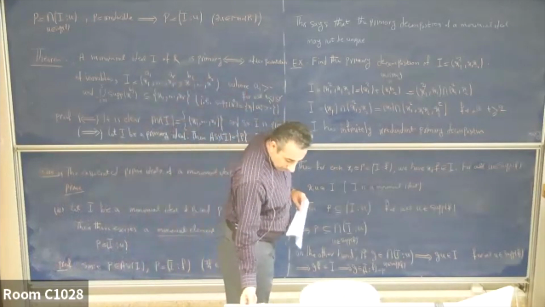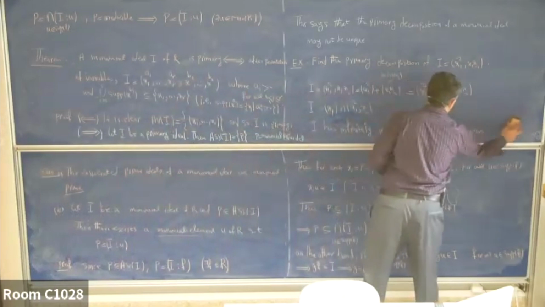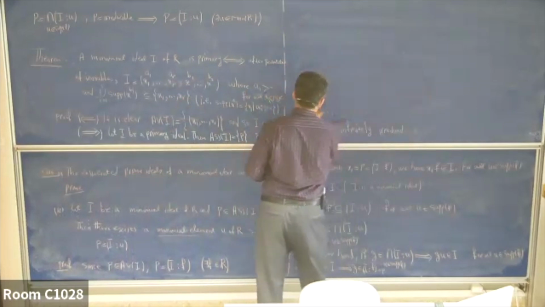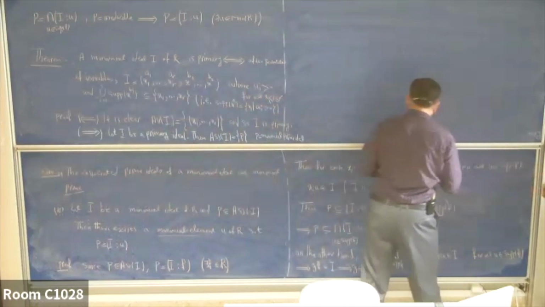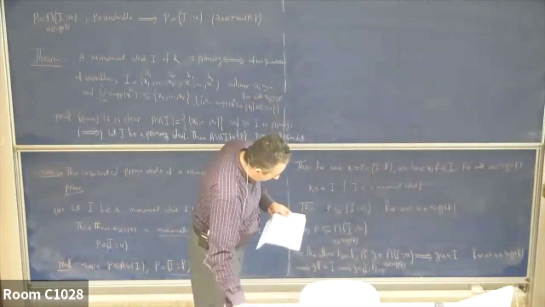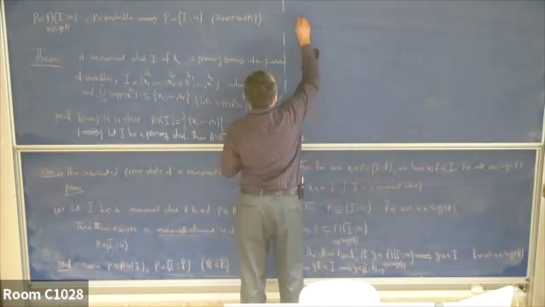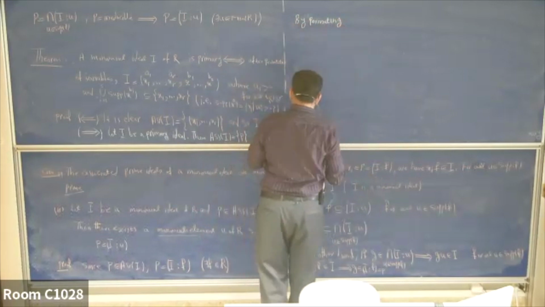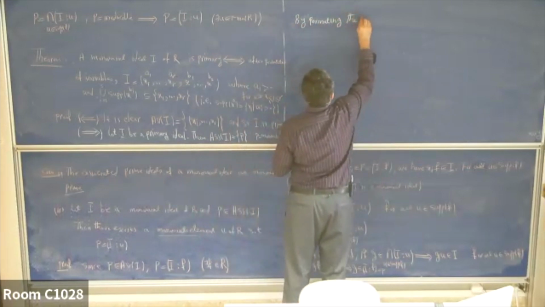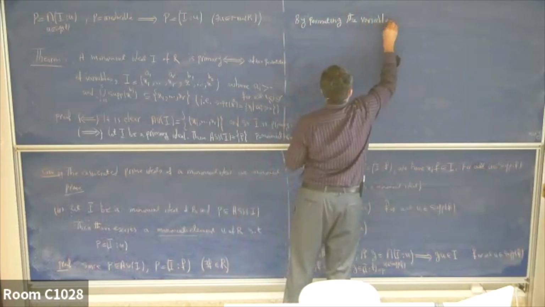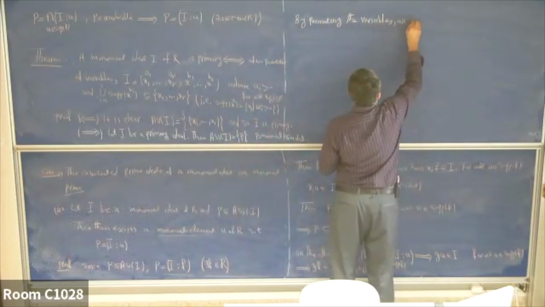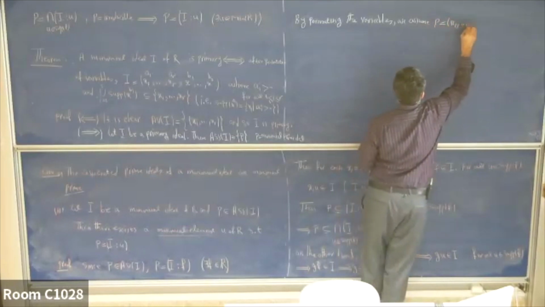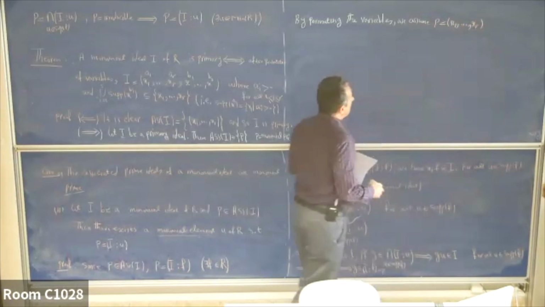So by permuting the variables, we assume P is equal to (x1, ..., xr), r less than or equal to m.